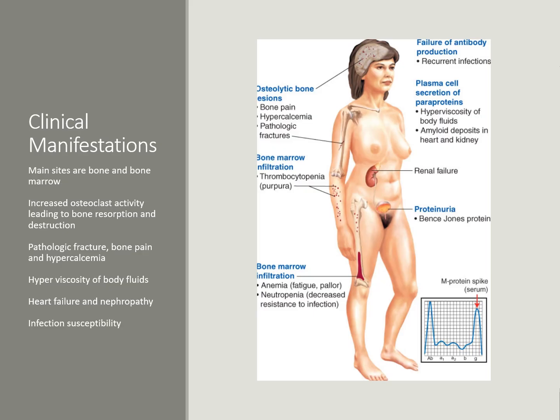They get hypersecretion of paraproteins from the plasma cells. And this causes increased viscosity of body fluids. And then we get what we call amyloid deposits in the heart and the kidneys. And so these patients can also develop things like heart failure and renal failure from the depositing of these amyloid tissues.